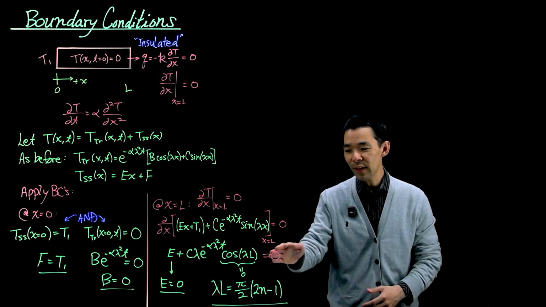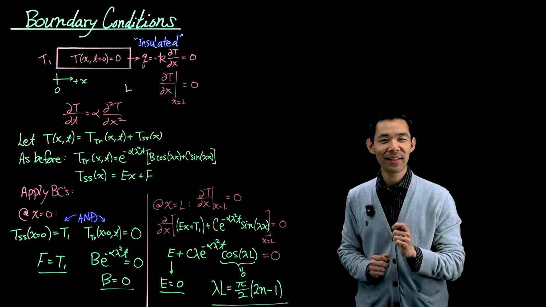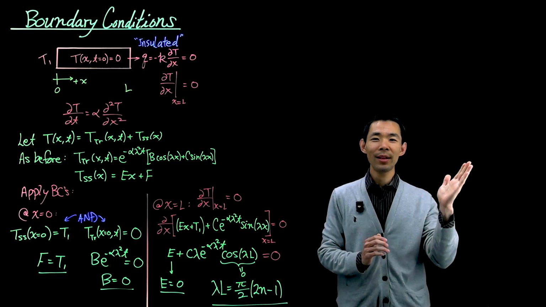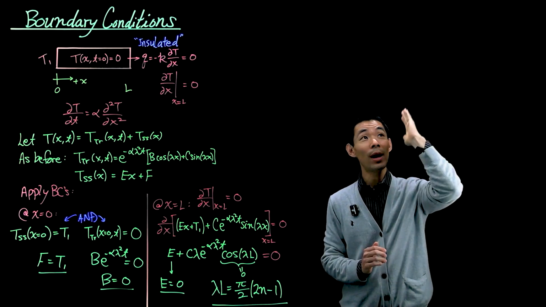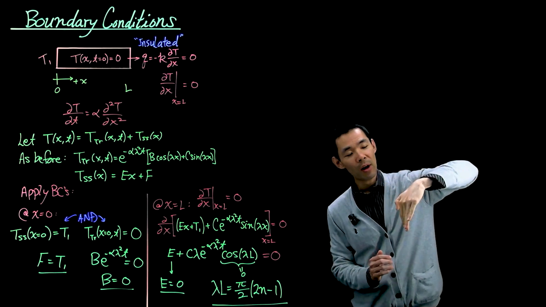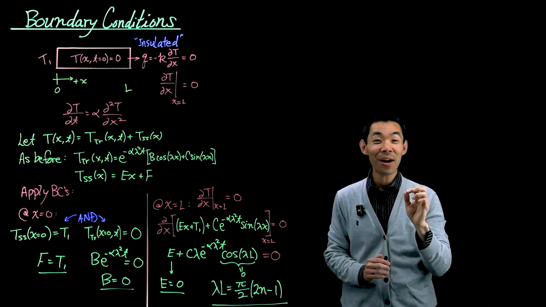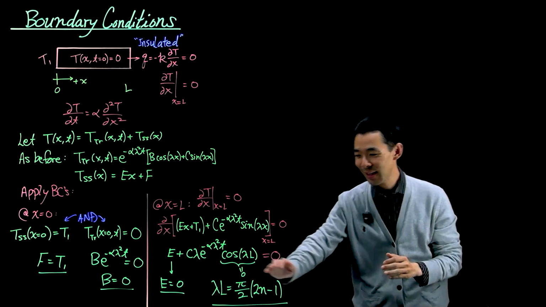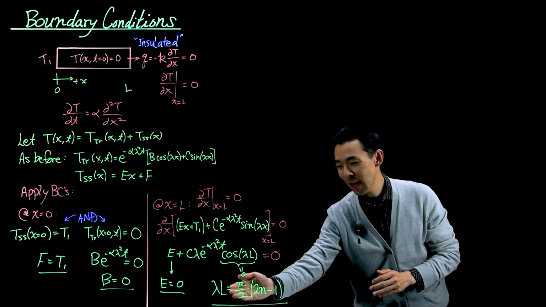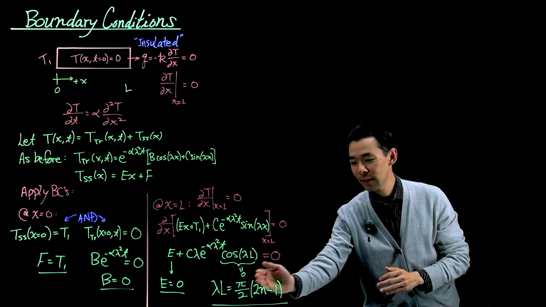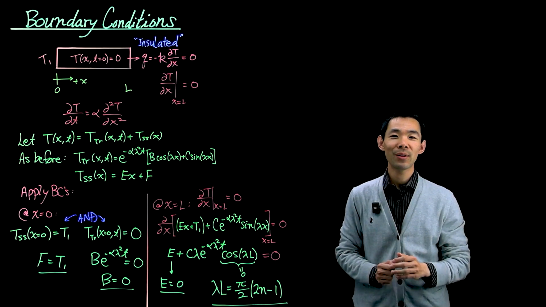So now, when you think about when do cosines equal 0, it's every pi over 2 cycle. So at pi over 2, 3 pi over 2, 5 pi over 2, and so on. A compact way to write this is this way. So lambda L is equal to pi over 2 times 2n minus 1.